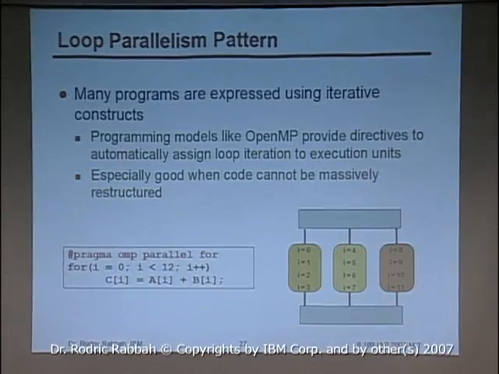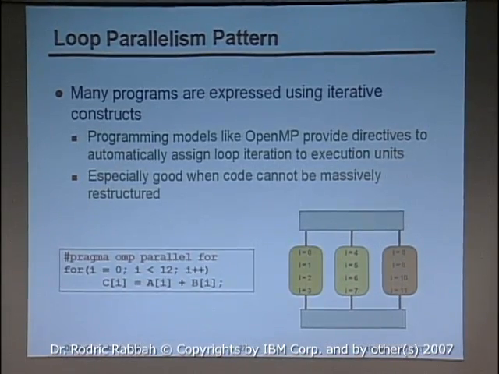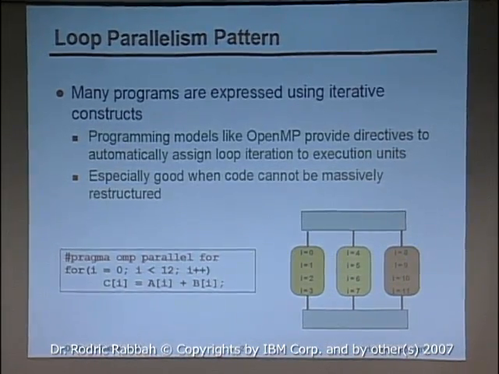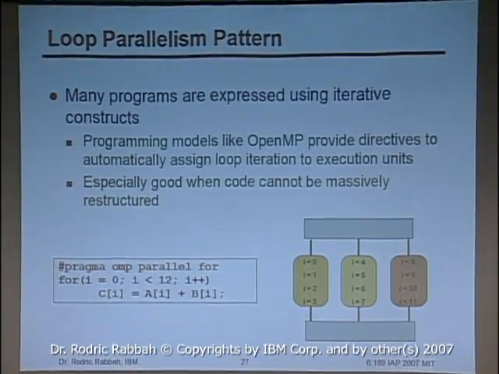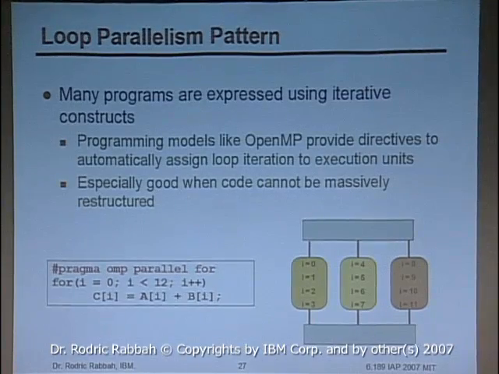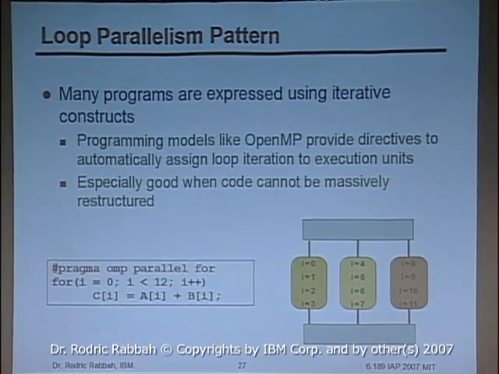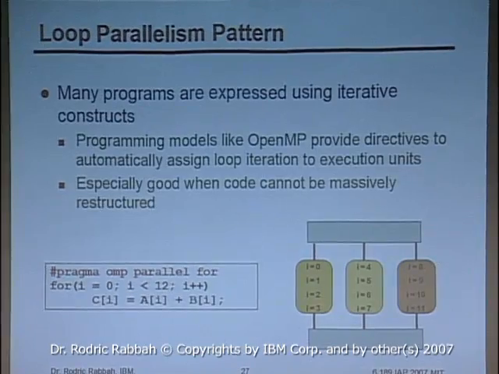The second pattern, as opposed to the SPMD pattern, is the loop parallelism pattern. This is best suited when you have a program that you can't really change a whole lot, or that you don't really want to change a whole lot. Or you have a programming model that allows you to identify loops that take up most of the computation and then insert annotations or some ways to automatically parallelize those loops.